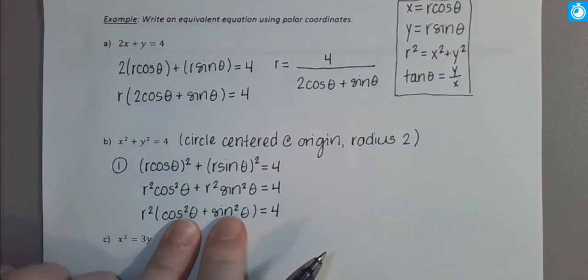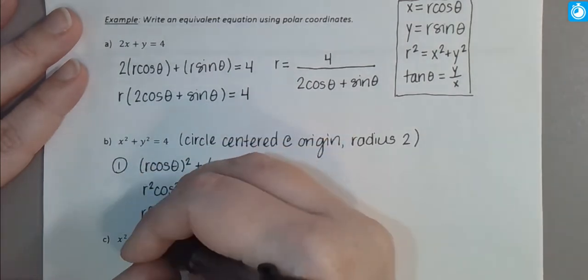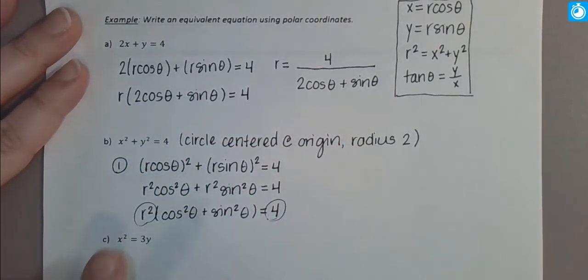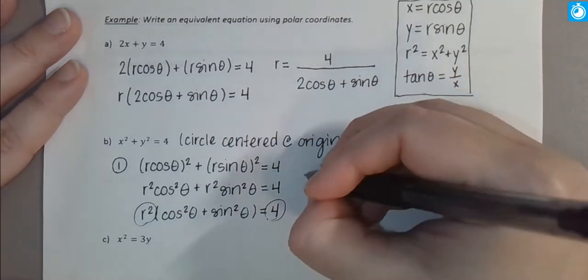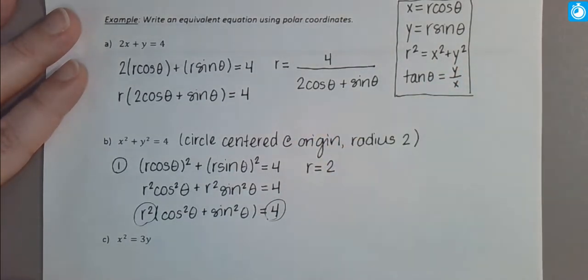This may look familiar. Anytime we take cosine squared and add sine squared, the Pythagorean identity tells us this is identical to 1. So this is just 1 times r squared, which leaves r squared equal to 4. If we take the square root of both sides, we get r is equal to the square root of 4, which is 2.